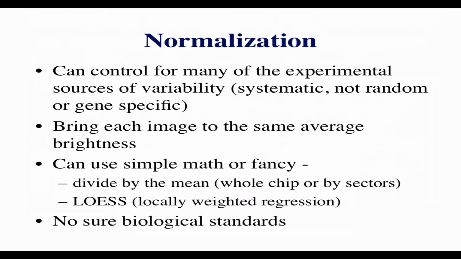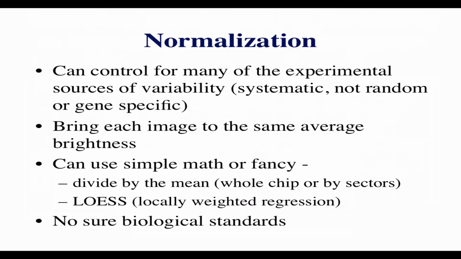Even if the control genes, in the case of the Affy genes, are external to the system. They're synthetic, or they're genes that come from different species that you've put on the array and then you've put into the hybridization mix. Even still, it doesn't seem to work well.